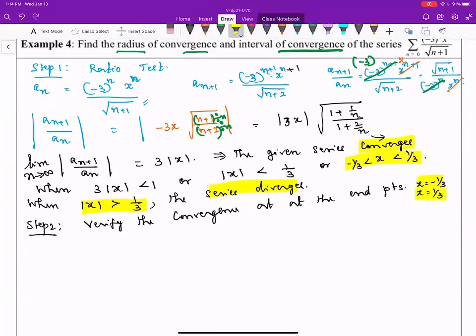So let's try first x equal to negative 1/3. Substitute x equal to negative 1/3 into the given series.